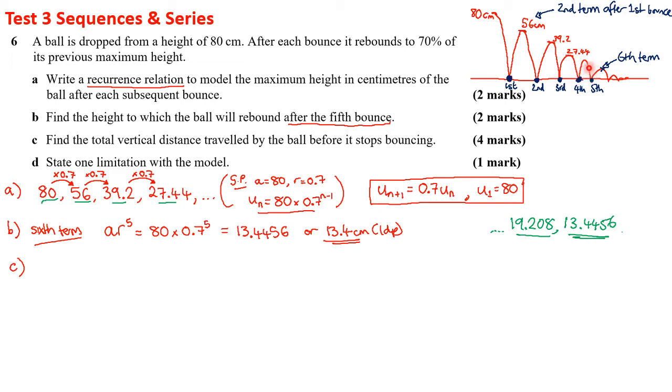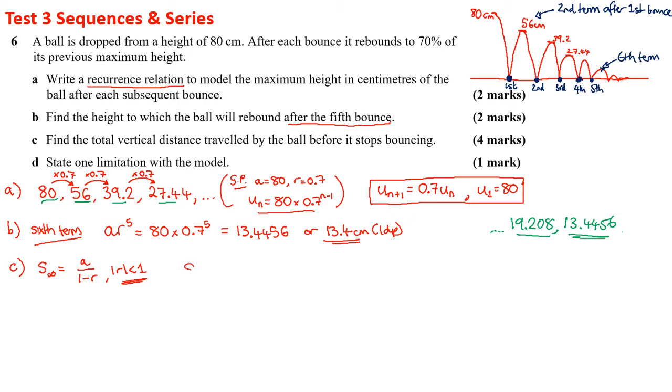So really we're going to start off by looking at the sum to infinity of this sequence and see what that gets us. So the sum to infinity of a GP exists when mod r is less than 1. Well, here r is 0.7, so that's the case, and my formula is a over 1 minus r.